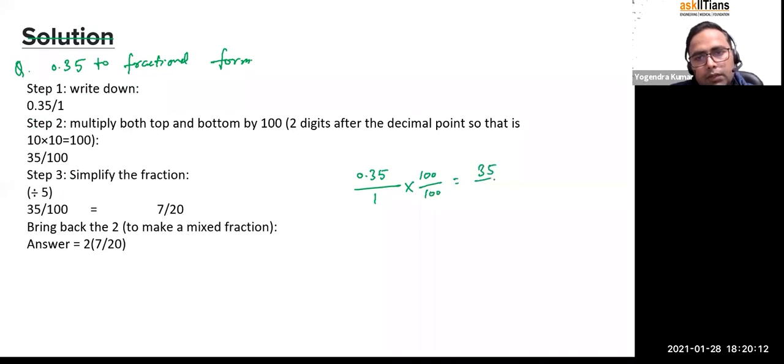So 35 divided by 100. Now we can divide here by 5. 5 sevens are 35, and 20 is 100, so we get 7 by 20. That's the answer here. Right? Now bring back the 2 to mixed fraction.